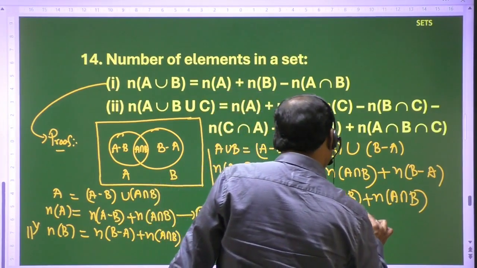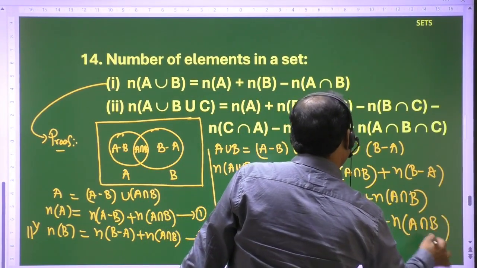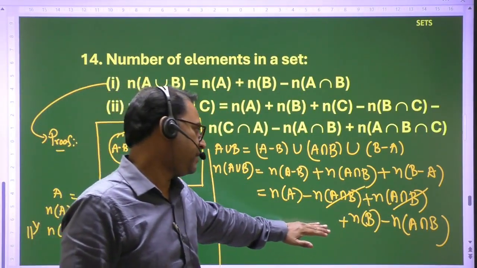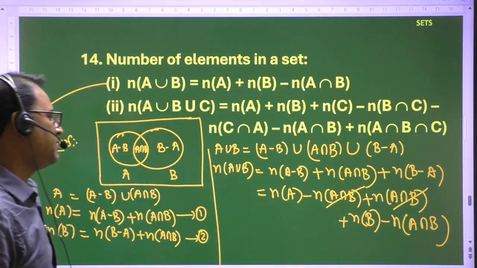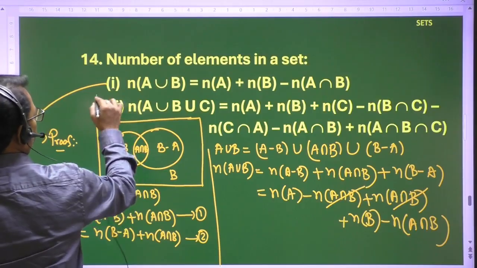If you cancel these two, you will get the required result: total number of elements in A plus total number of elements in B minus total number of elements in A intersection B.